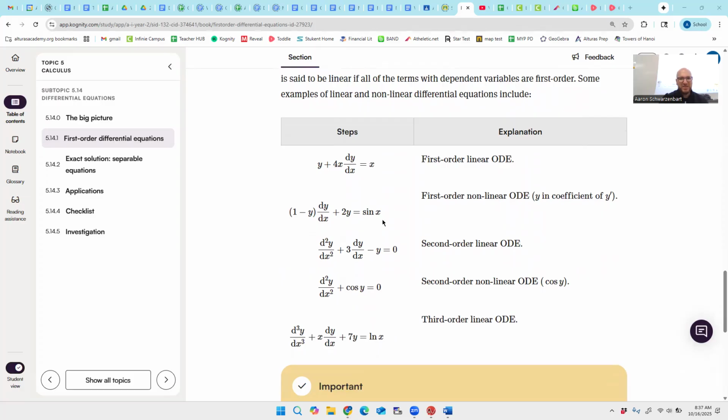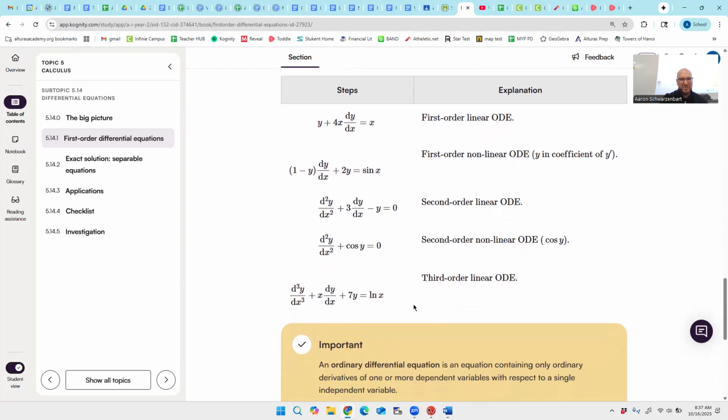First order nonlinear, it's nonlinear because of the sine x. Second order linear, I don't see anything that's not linear here. Second order nonlinear has the cosine.